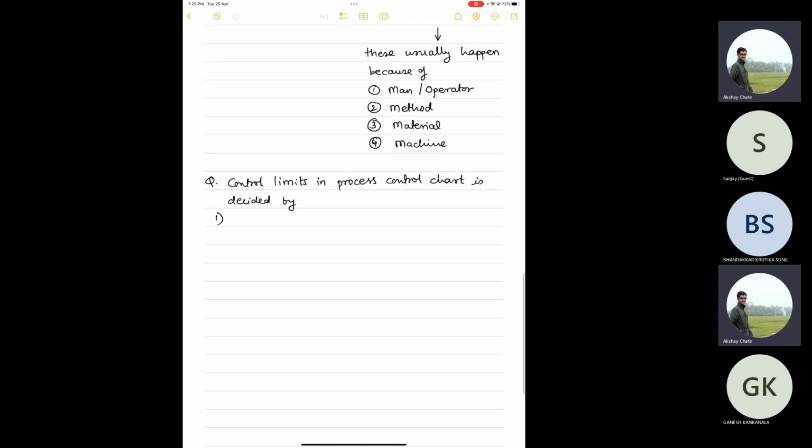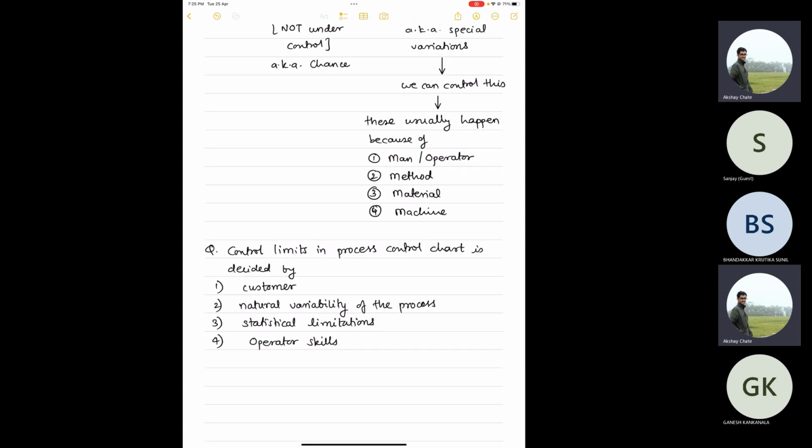So first option you have by customer, second option you'll have natural variability of the process, then you'll have maybe statistical limits, statistical limitations, and then you can have something like operator skills.